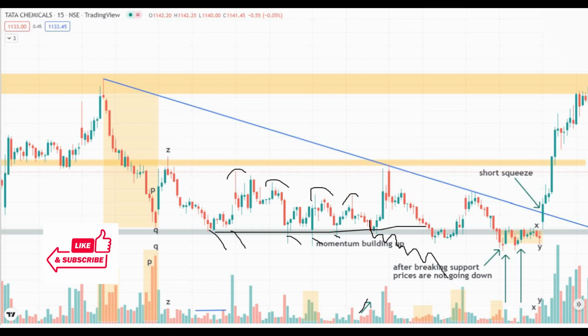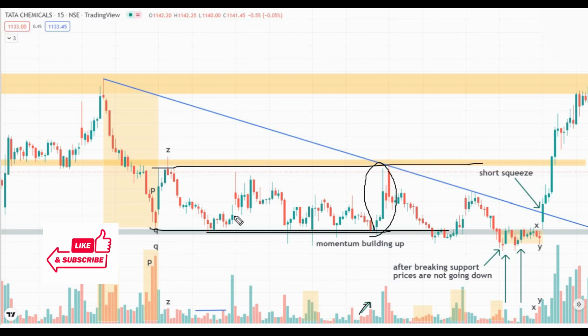But what happened? Even after the increase in volume, prices couldn't break this level, and again buyers pushed the prices aggressively towards the upside. So this is an indication that prices are now in a trading range.